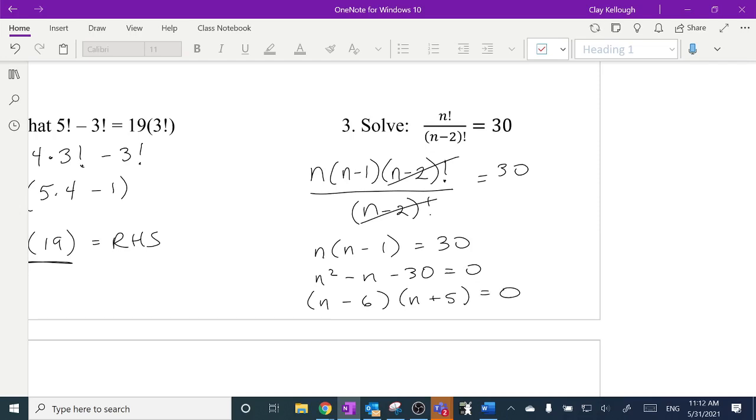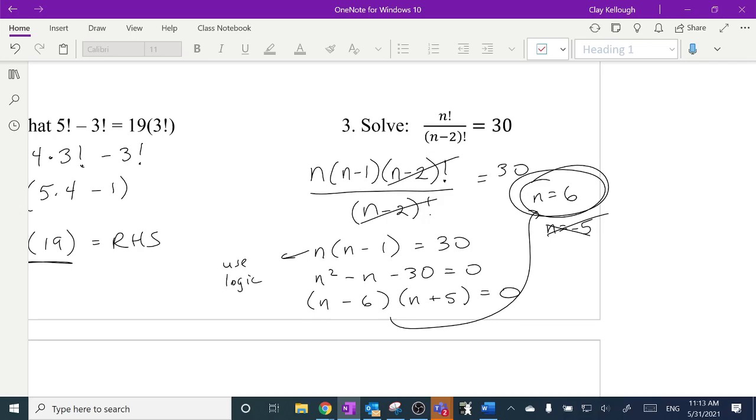But this, okay, I'm out of room. You can just write over here or something. N equals 6 is the only answer that makes sense because n can't be negative 5, because we already said n has to be a natural number, so that's extraneous. Again, if you don't want to do it with the factoring, once you got to this step, you can of course just use logic and determine that n must have been 6. Okay? But using quadratics works too.